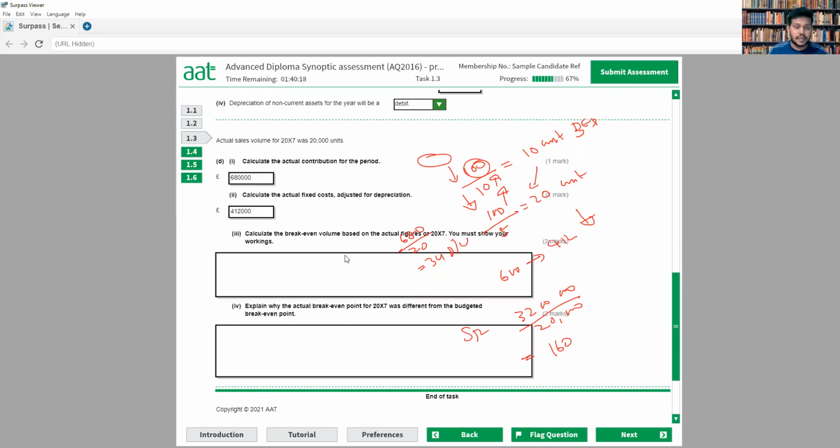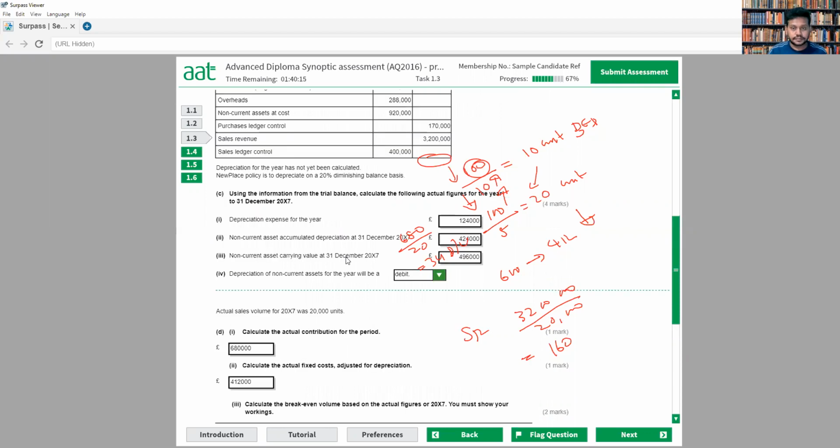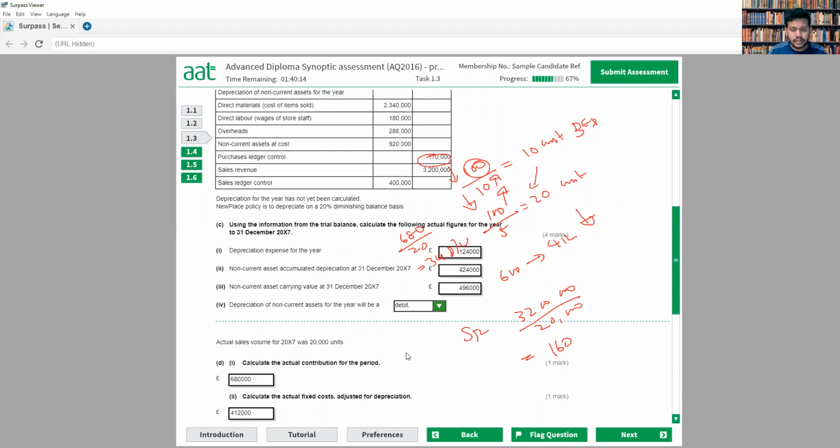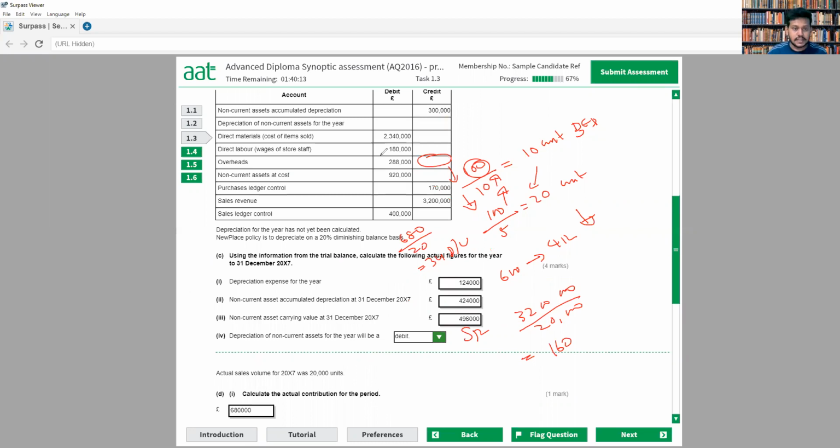Even the variable cost per unit. If you have a look, my total variable cost here is these two, direct labor and the direct material. So let's try this one: 2,340,000 plus 180,000.